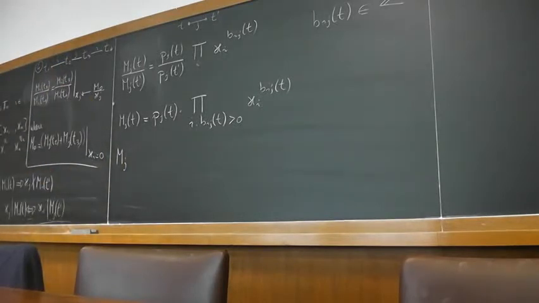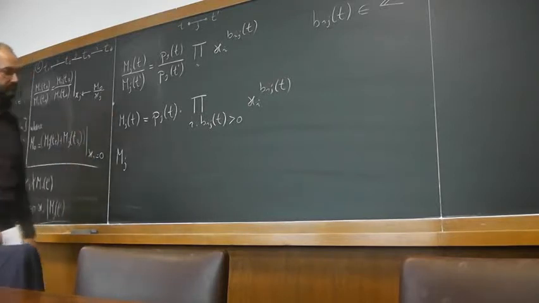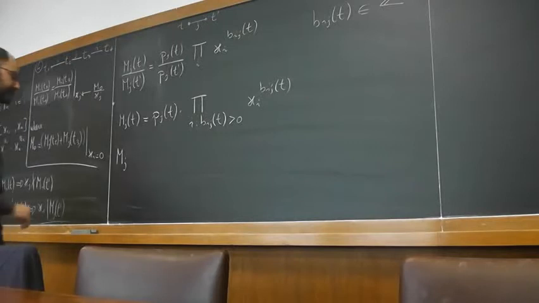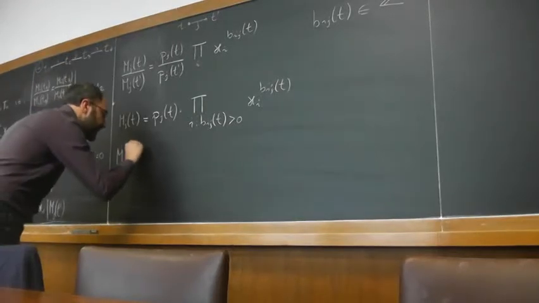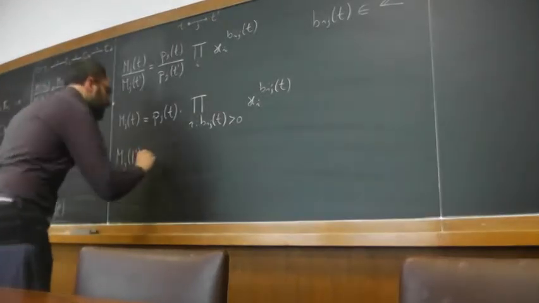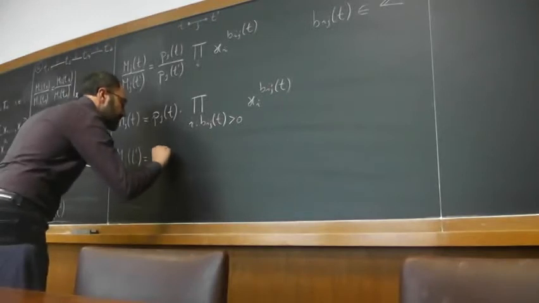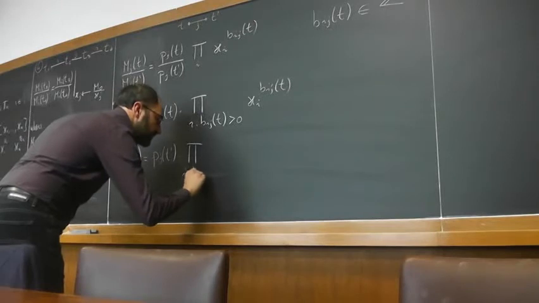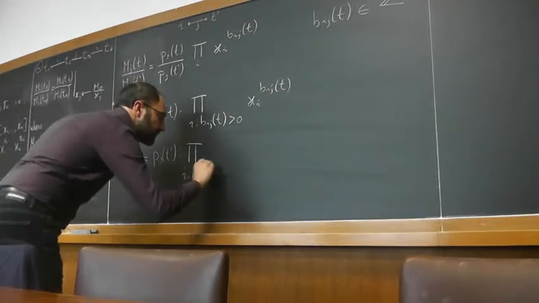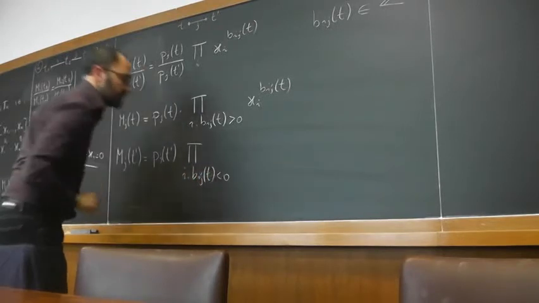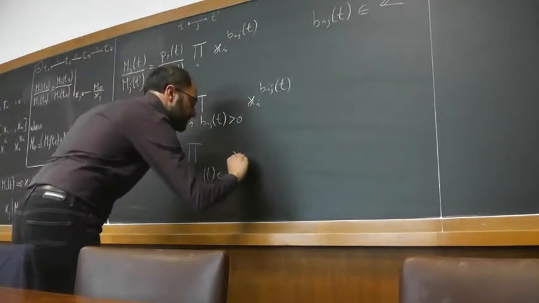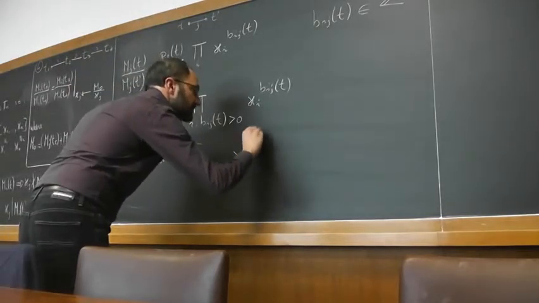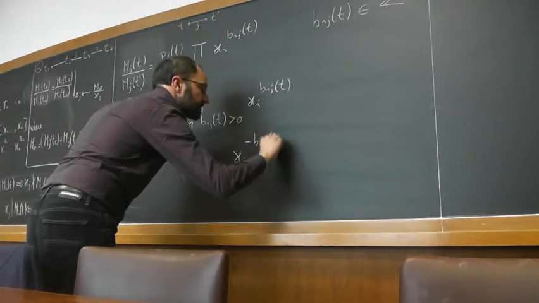Actually, today we could also think of all these coefficients to be 1, if you prefer. But in any case, MJT prime is PJT prime times the product on all negative exponents of xi, minus bijt.